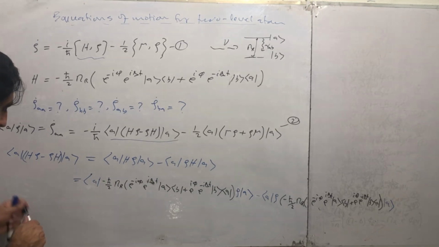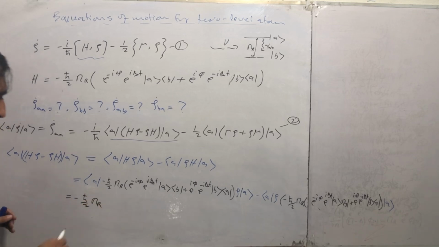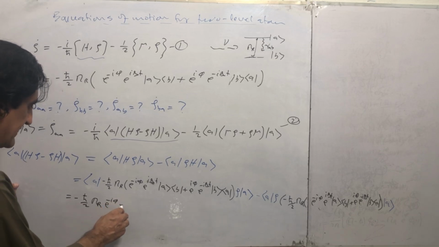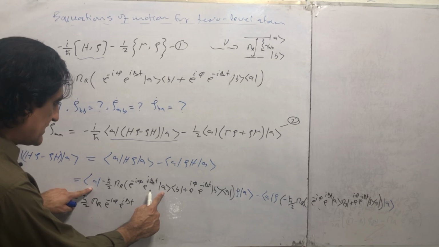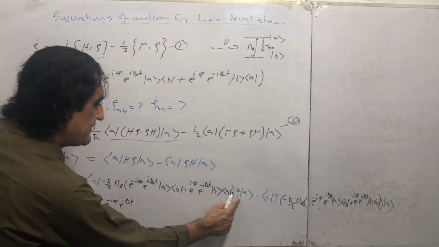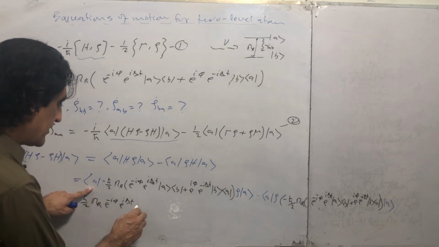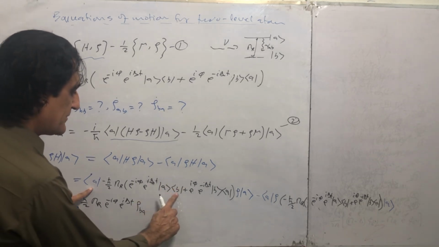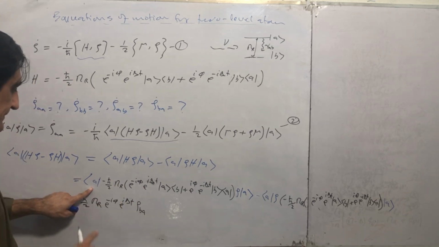So here minus ħ divided by 2, Ω_R, and this term is e to the power minus iφ, e to the power iΔt, and this <A| multiplied with this we get 1, but this term, if you take this with this, then it must take the form ρ_BA, because this is <B|ρ|A>, then we can write ρ_BA.